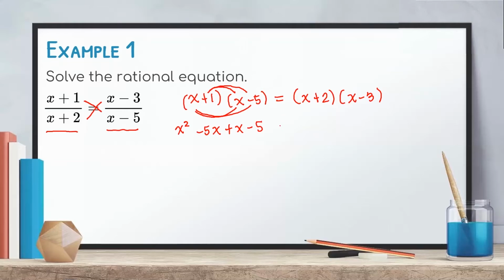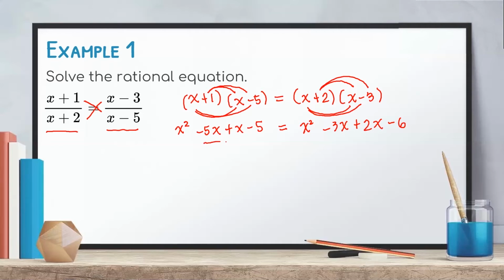Again, copy the equal sign. Do the same thing here. So you're going to have x times x is x squared, x times negative 3 is negative 3x, positive 2 times x is positive 2x, and positive 2 times negative 3 is equal to negative 6.